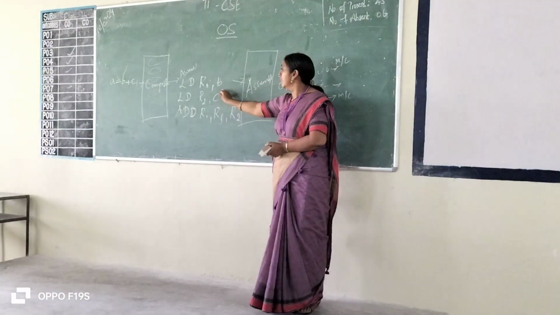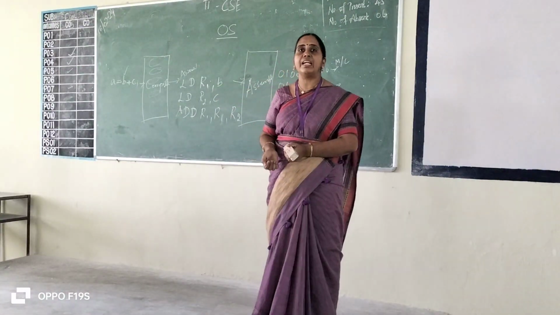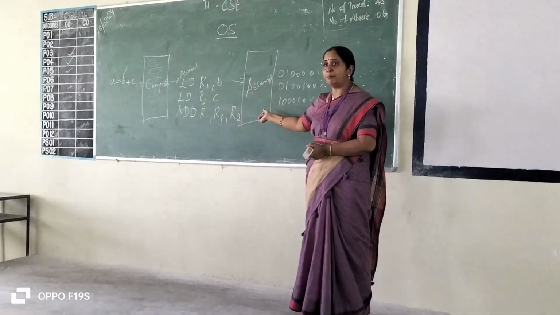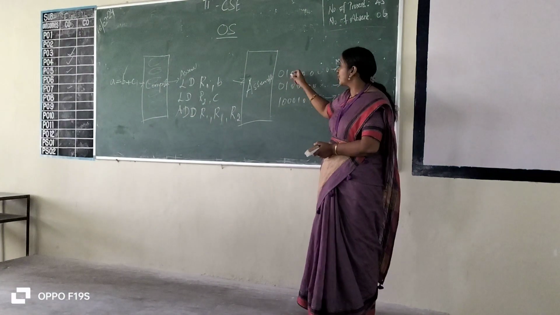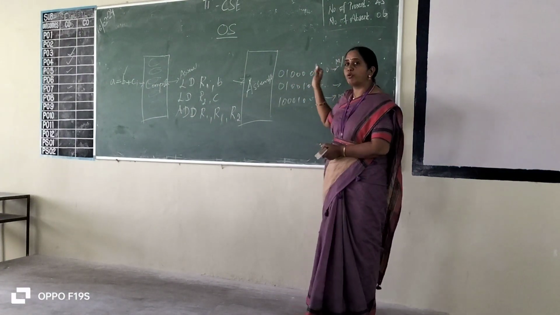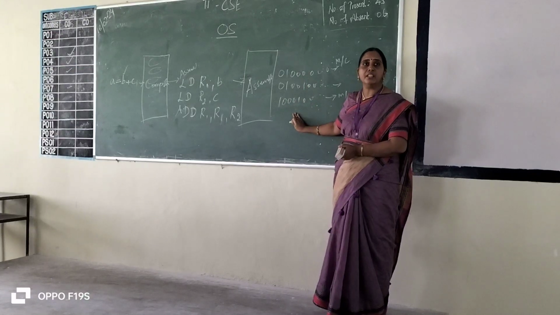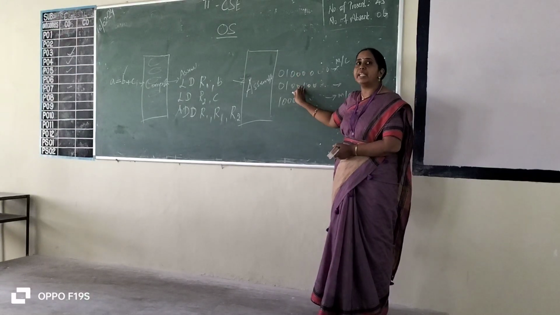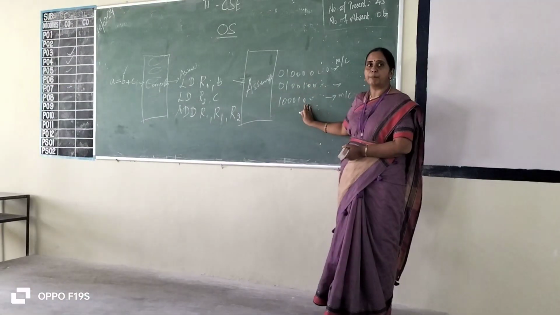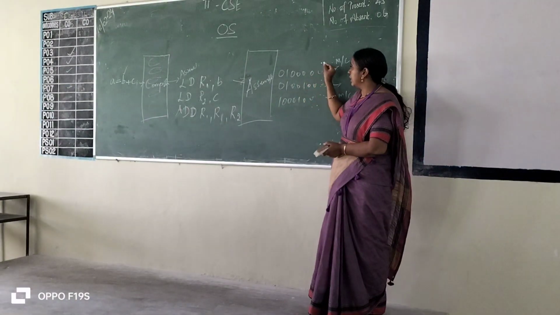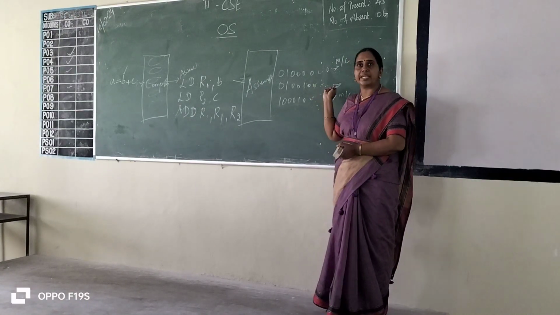Just know that this assembler will accept mnemonic codes or assembly-level language as input and convert it into a sequence of machine-level language as output. Machine-level language cannot be understood by the user, it can only be understood by the system or processor. So this is the output of the assembler. Can you understand up to this? Any doubt?